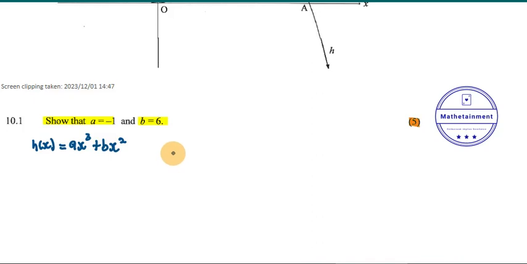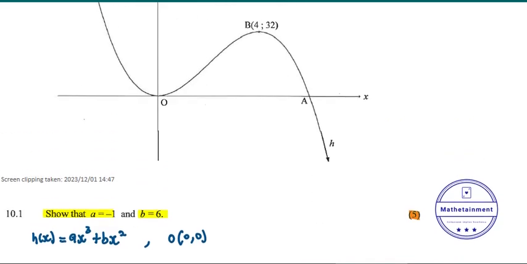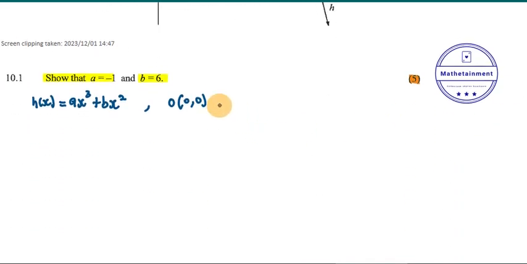And I have 2 points which are turning points. The first one is O, which is (0; 0). And the second one is denoted by B, which is (4; 32).